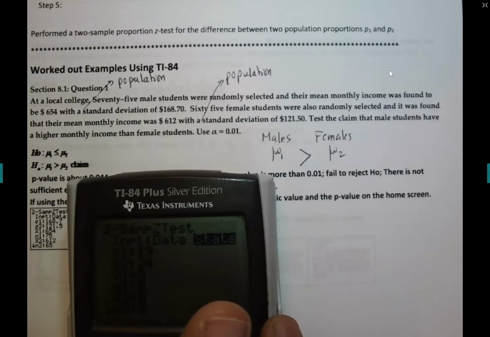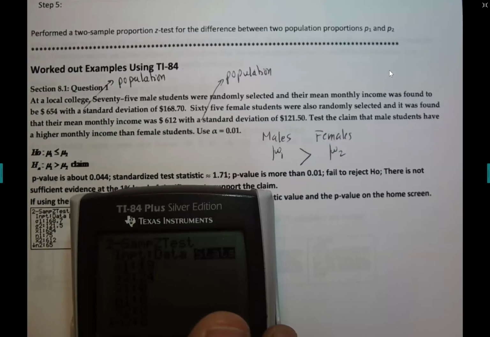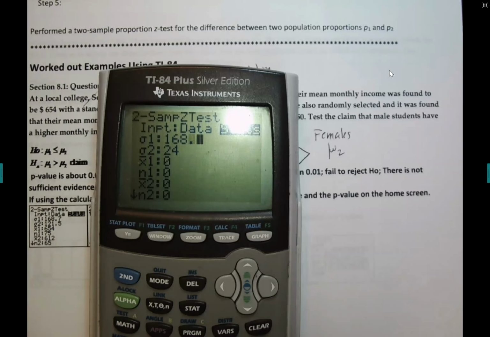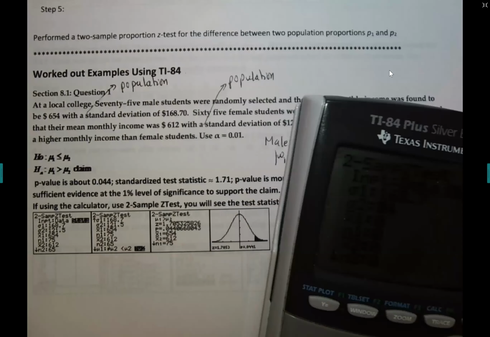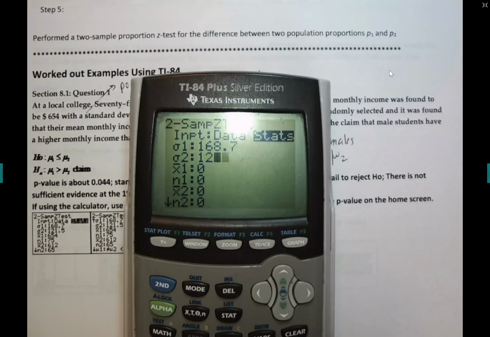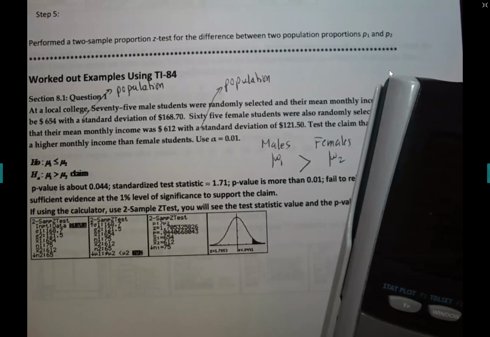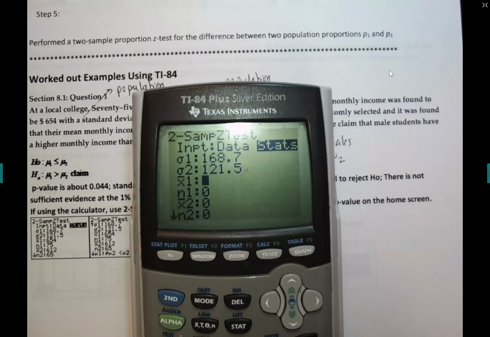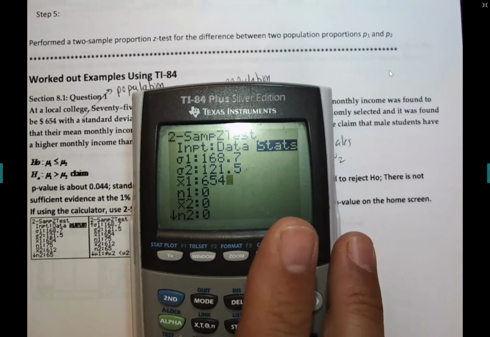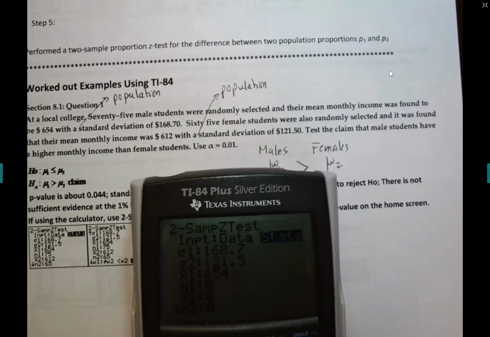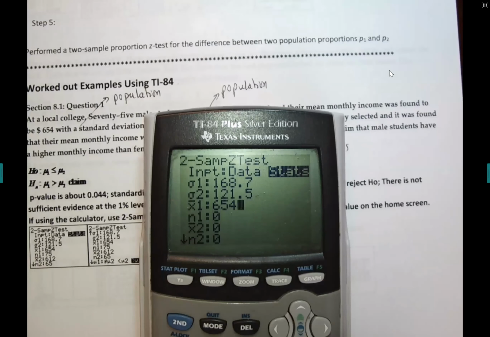I said with a population standard deviation of 168.70. Then sigma 2, what was it, 121.50. X1 bar is 654, and the other one was 612. And how many students? 75 male students, so that's a 75.